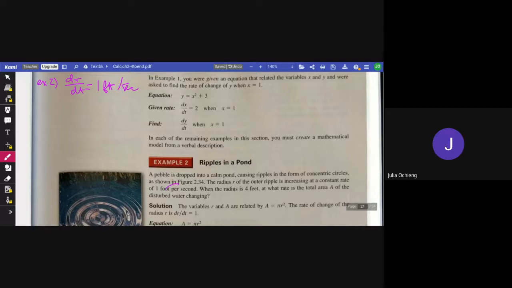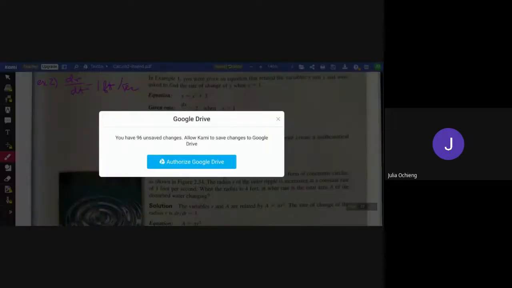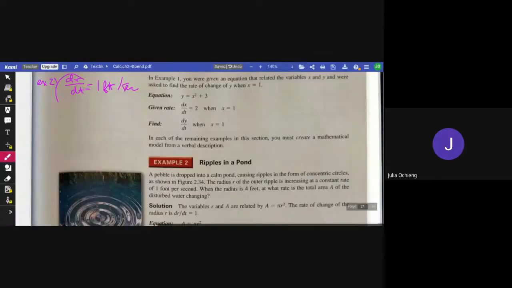As soon as you see the word per, you know that it's a rate. And a rate is what derivatives find. That's exactly what derivatives find. So as soon as it's a rate, you can write it in terms of some sort of derivative.